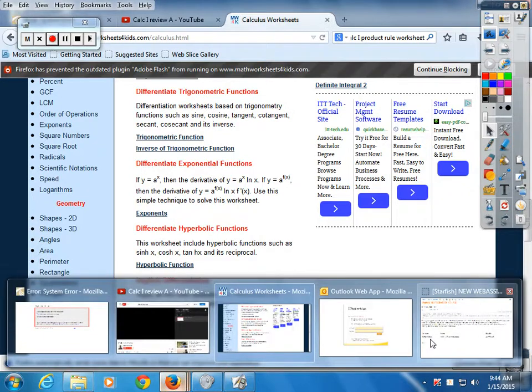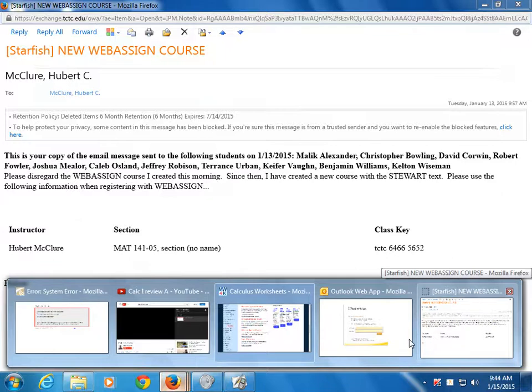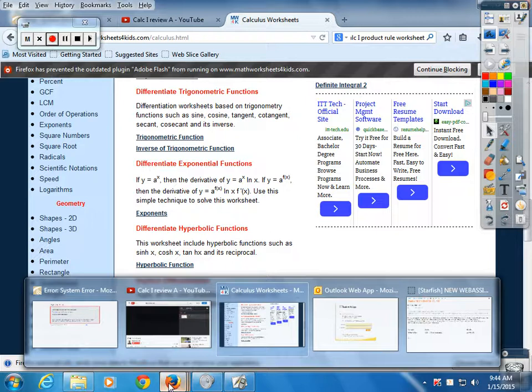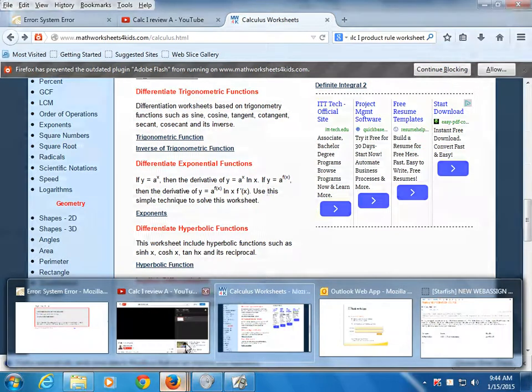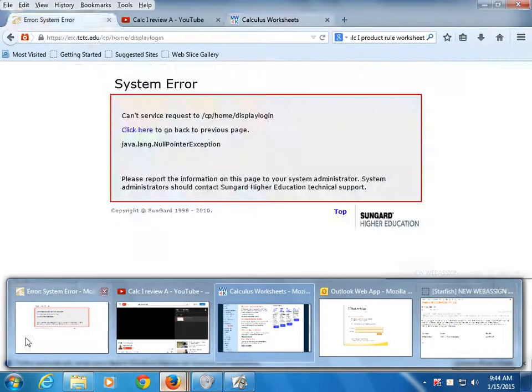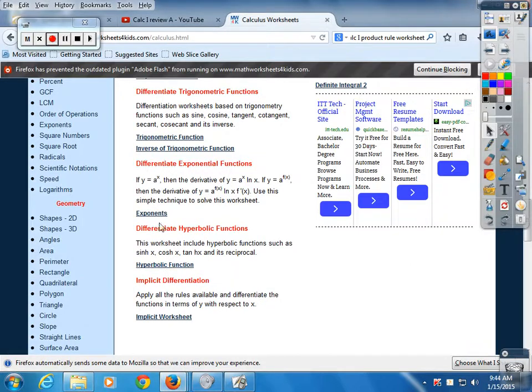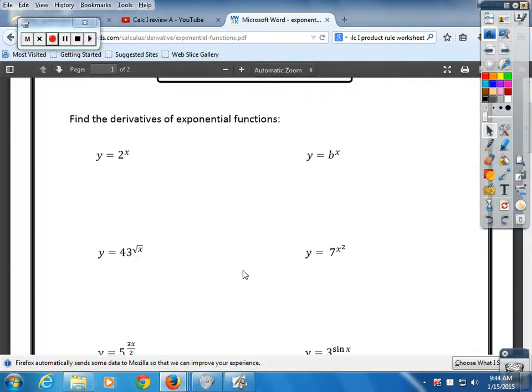Now this one is a function of, I done lost it. There it is. The square root of x, I'd rewrite that as x to the 1/2.